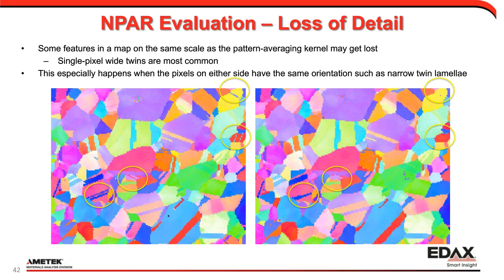That's just because if it's on the size of a pixel, it gets averaged out. But features that aren't that size will still be there. So it's usually just a small twin lamina that gets removed. But again, this is honestly an issue of your step size for your feature size probably being wrong. In this case, you probably want a little bit finer step size, and that would still be there.